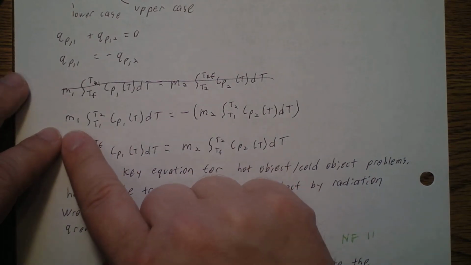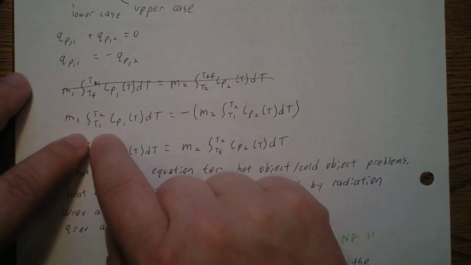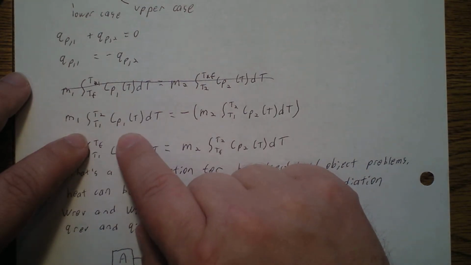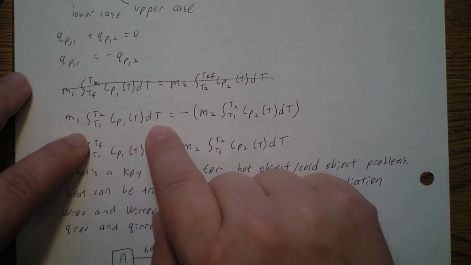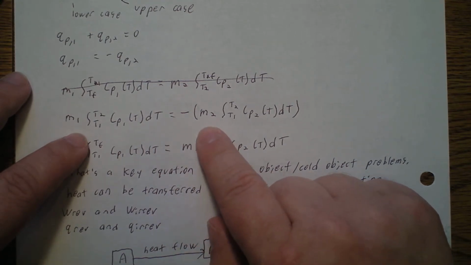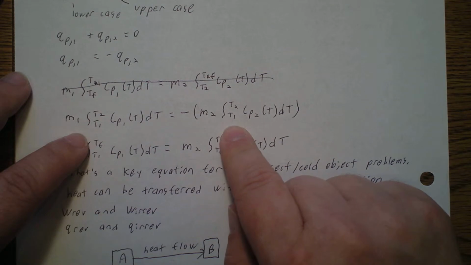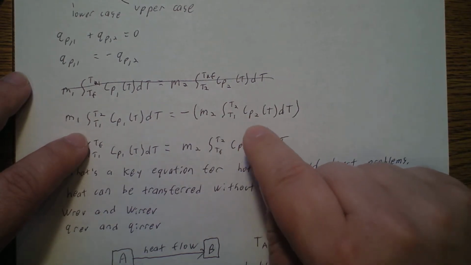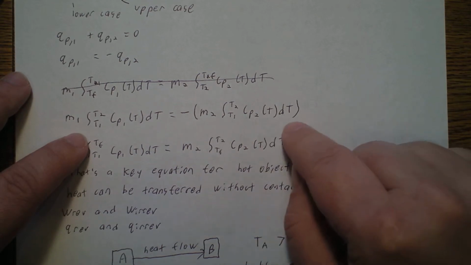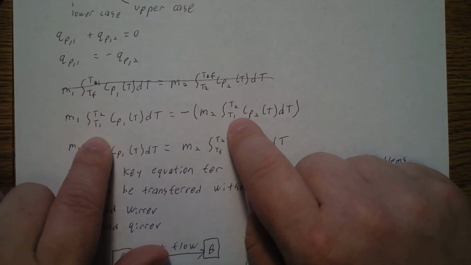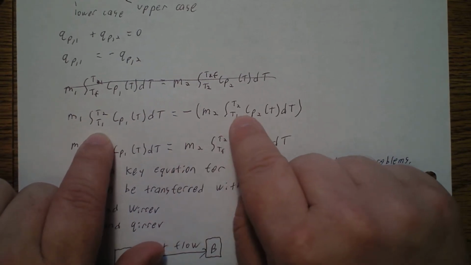We get mass 1 times the integral from temperature 1 to temperature 2 of the heat capacity of object 1 as a function of temperature with respect to temperature, is equal to minus mass 2 times the integral from temperature 1 to temperature 2 of the heat capacity of object 2 as a function of temperature with respect to temperature. And remember, if they had different initial temperatures, this could be T1 prime.